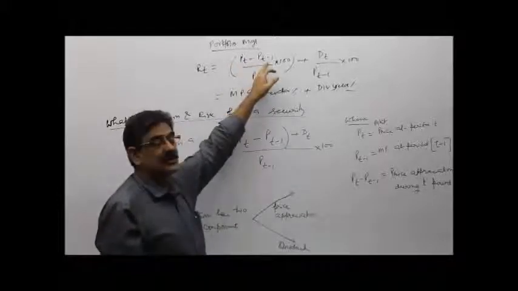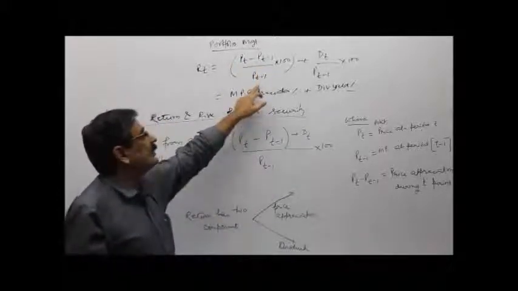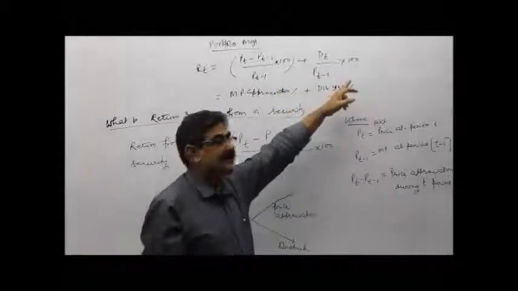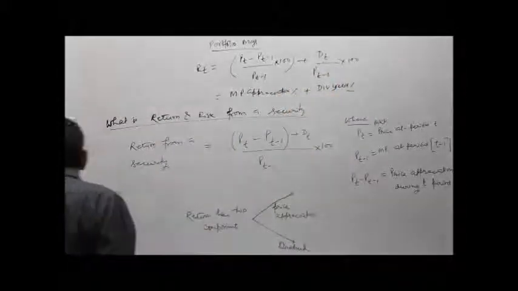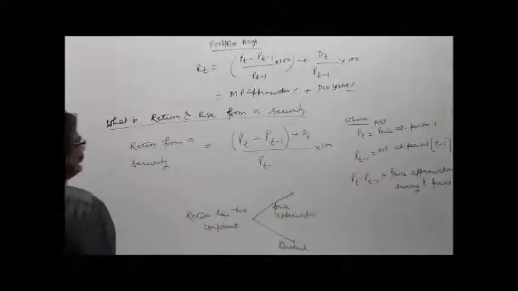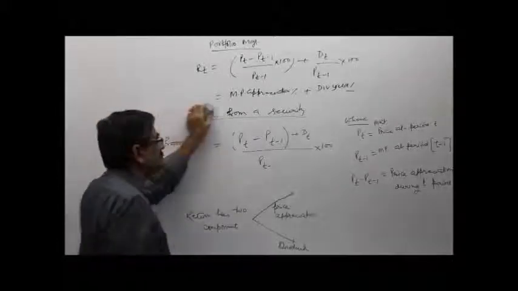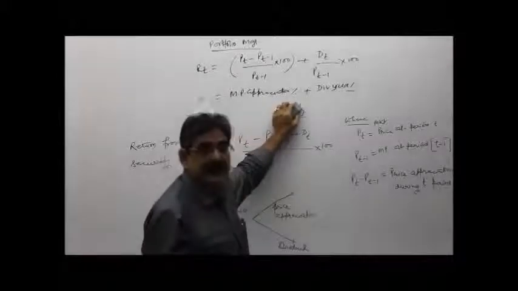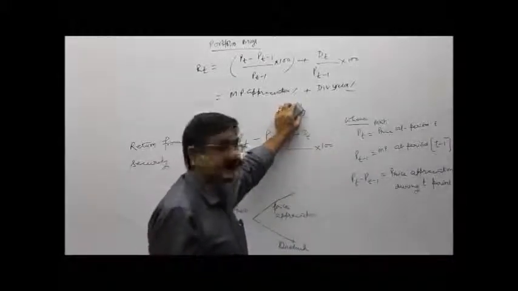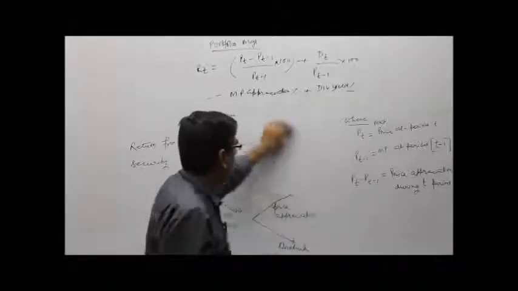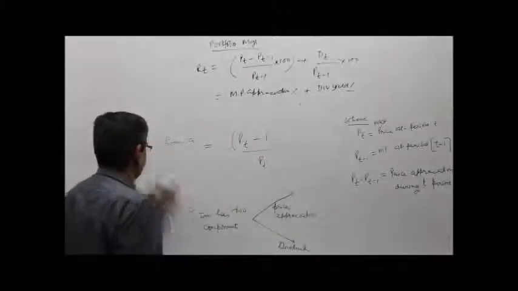So return has two components: the appreciation percentage during the period, where PT is the closing price, PT-1 is the opening price, divided by the opening price into 100, plus the dividend yield, that gives you the return in percentage terms. So as compared to the normal belief, in finance, we even take the appreciation in price as the return, including dividend.